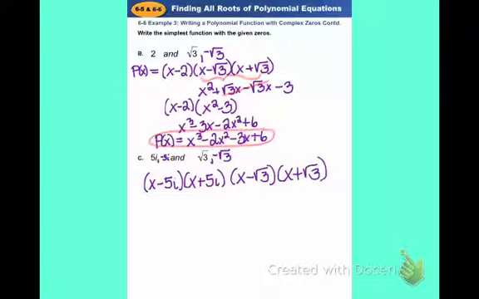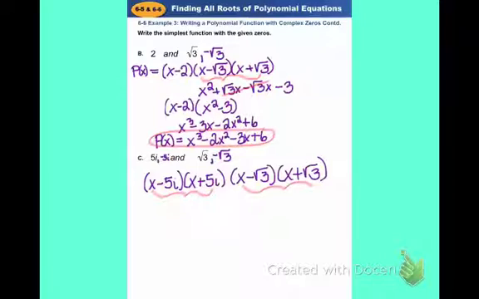Now this time we have 4 binomials to multiply, and really the best way to do that again is to match up these conjugate root pairs. So I'll multiply these two, multiply these two, and then multiply those final things together.